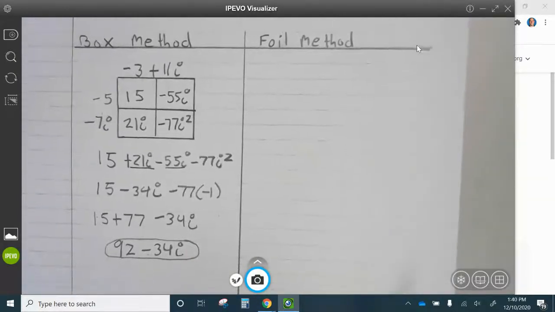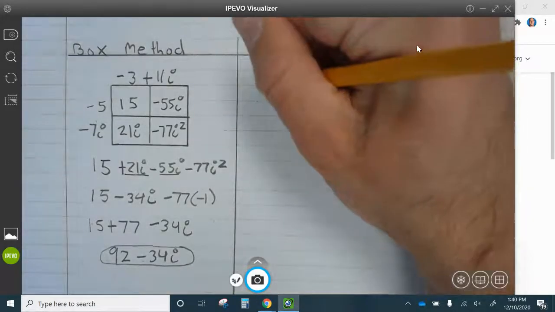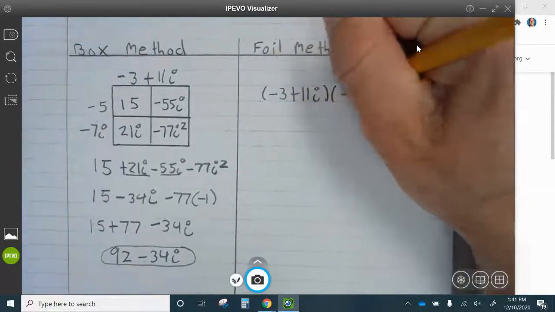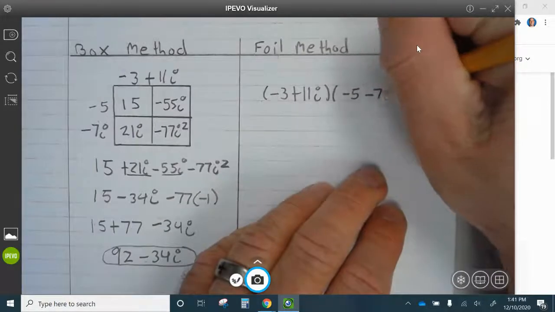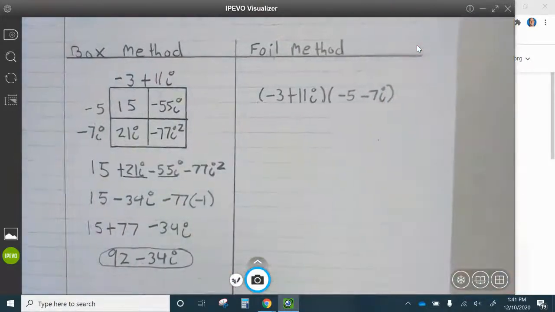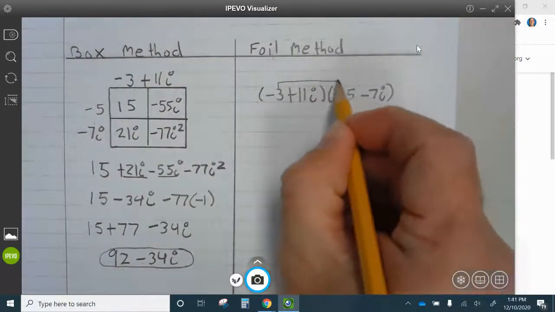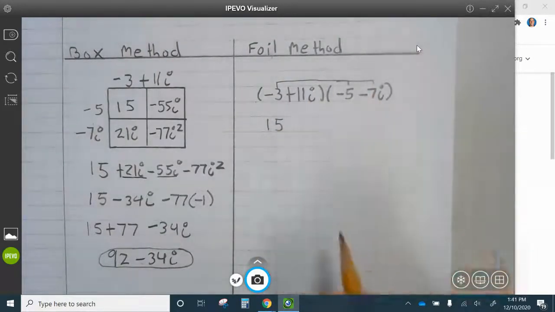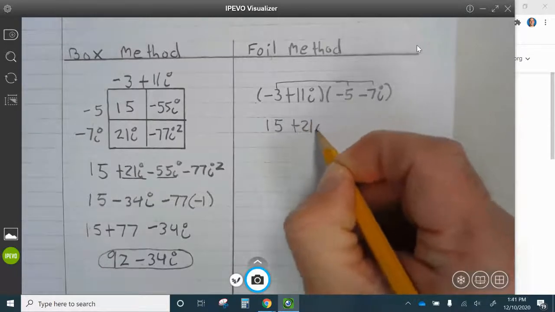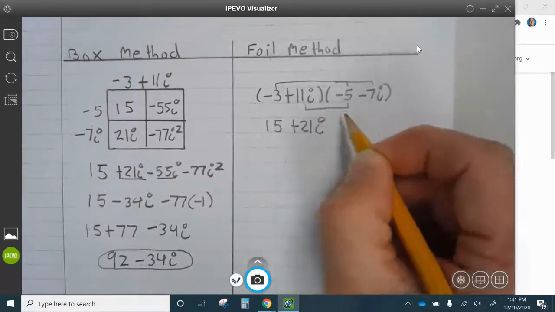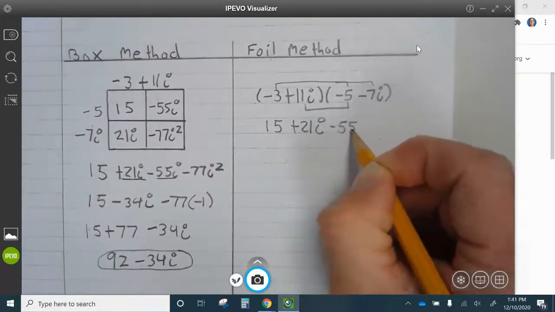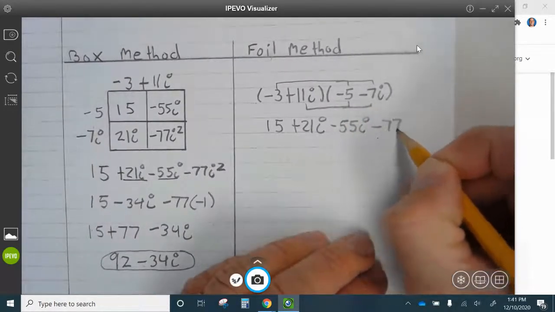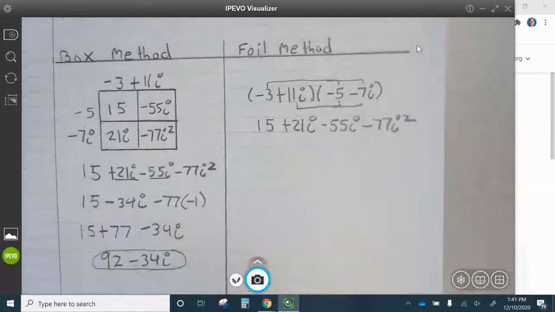All right, now let's use FOIL. Okay, so then that's negative 3 plus 11i times negative 5 minus 7i. Okay, so then that's negative 3 times negative 5, which is positive 15. Negative 3 times negative 7 is plus 21i. 11i times negative 5 is negative 55i. And then 11 times negative 7i is negative 77i squared.